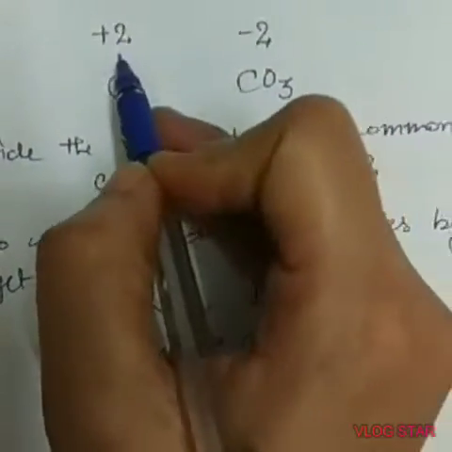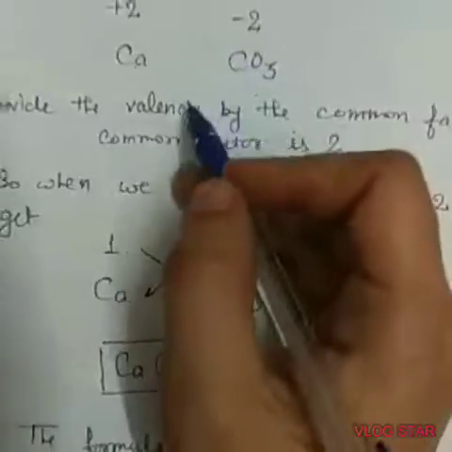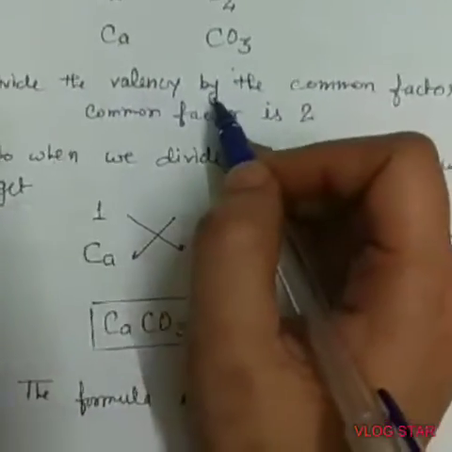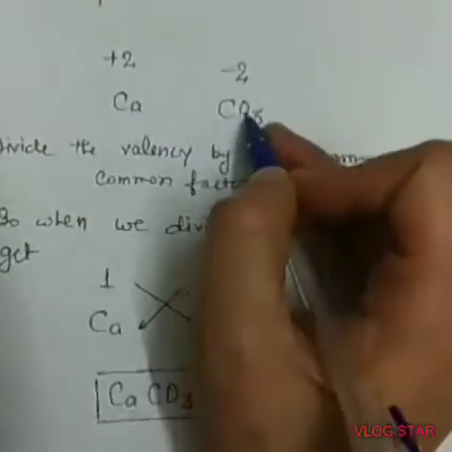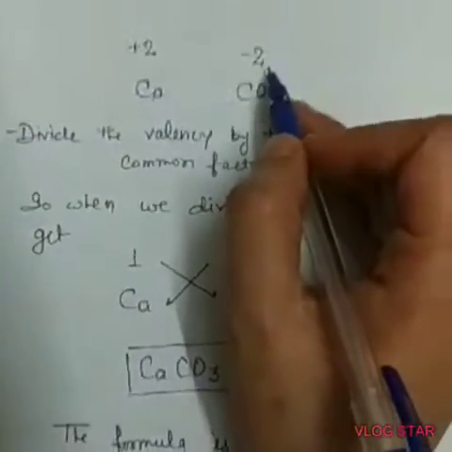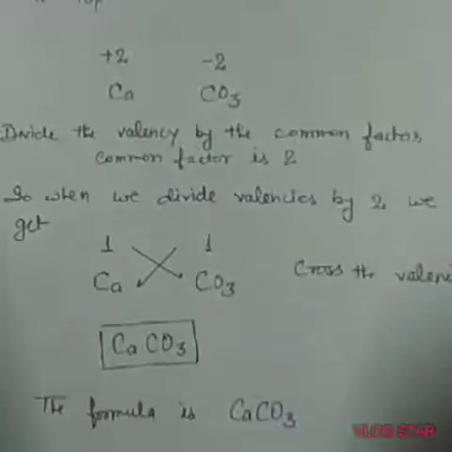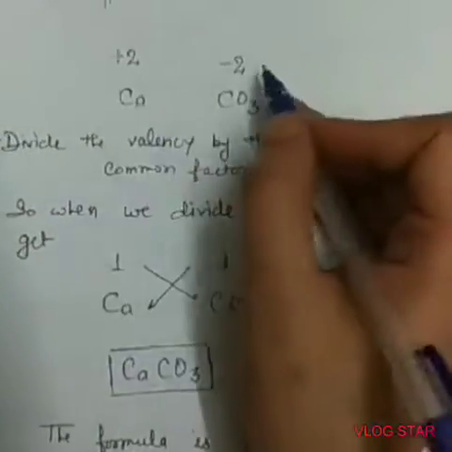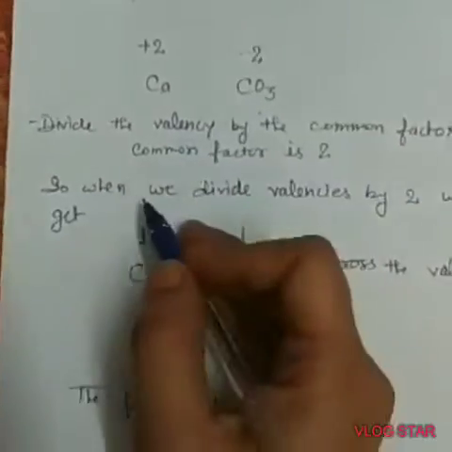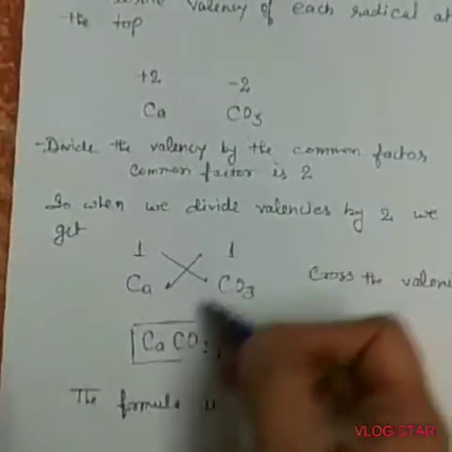The valency of calcium is +2 and of carbonate is -2. These have the same valency, so according to the rule, divide the valency by the common factor. Here the common factor is 2, so when we divide by 2, we get 1.